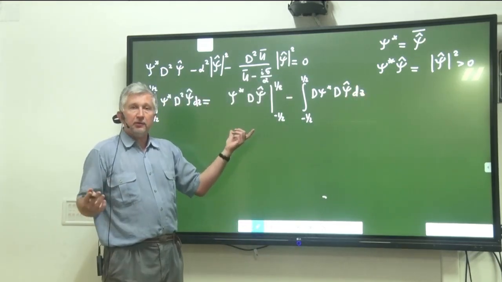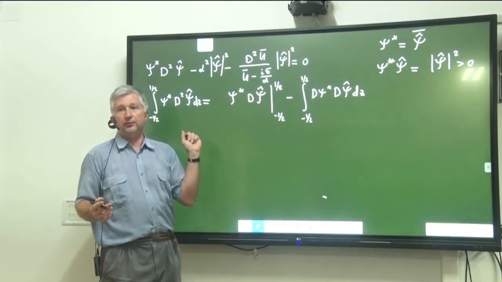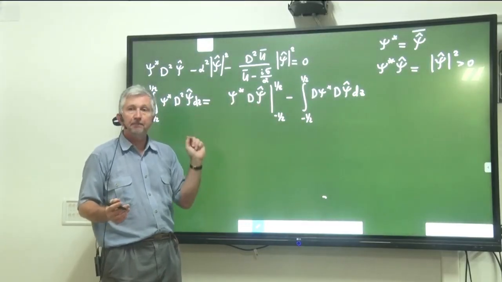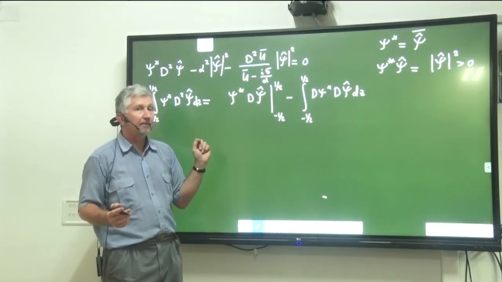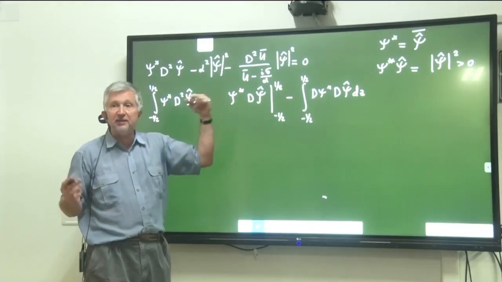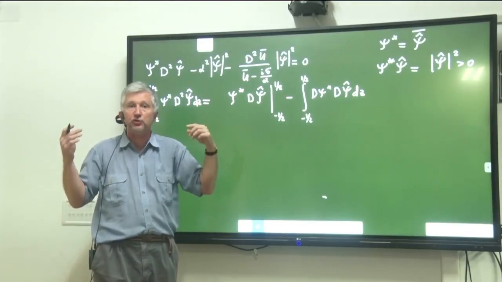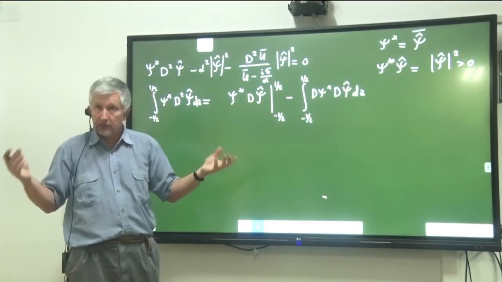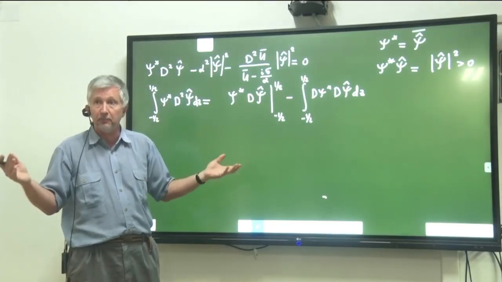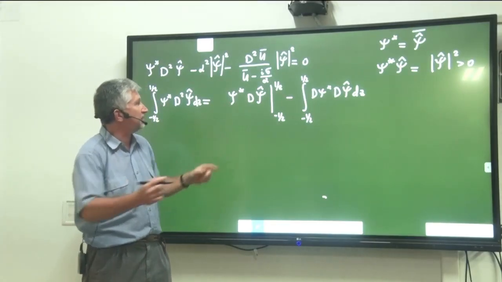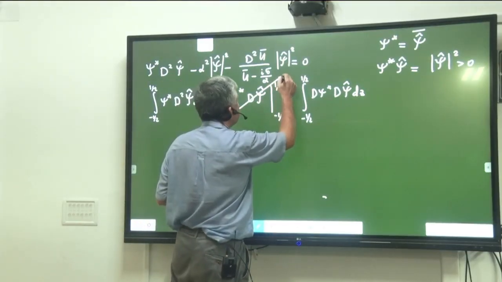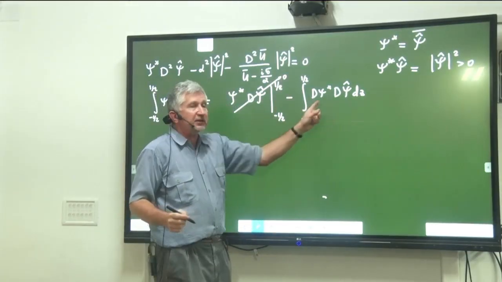Right? So what is this equal to? This bit here. 0, because psi is equal to 0 at the ends. 0 is a real number, so the complex conjugate of a real number is the same. So 0 remains 0. So therefore, this is going to die.